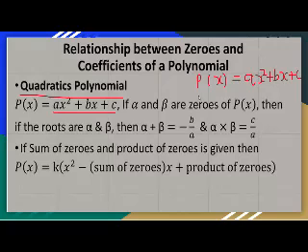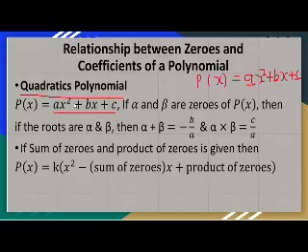So we are going to see zeros of the polynomial, the relationship between the zeros and the coefficients of a polynomial. How can I get the zeros of the polynomial by using the coefficients? This is x squared coefficient, this is x coefficient, and this is the constant. So by giving this, how can I find the relationship and how can I form a polynomial.